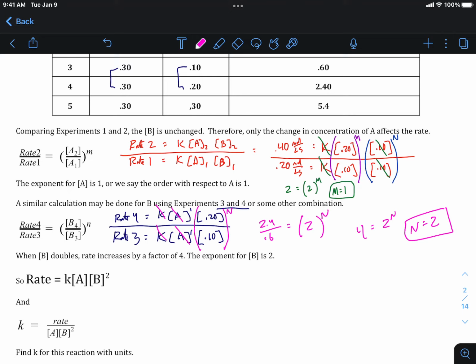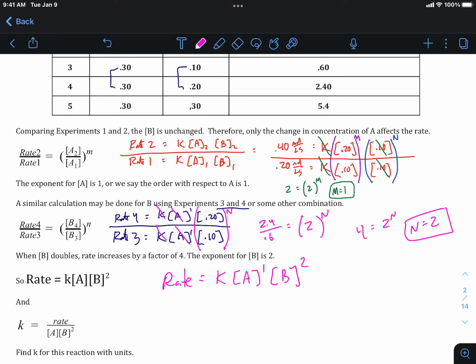So once I know what all the orders are on all of my reactants, I can write a generic rate law as rate is equal to K times A to the order of 1 times B to the order of 2. Now we're not quite done. We're like 3/4 done.